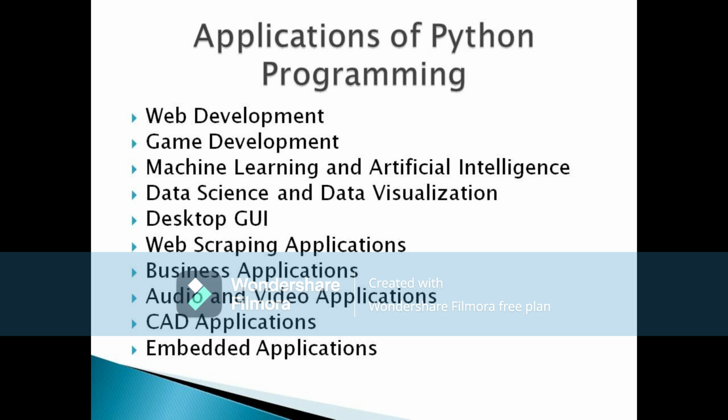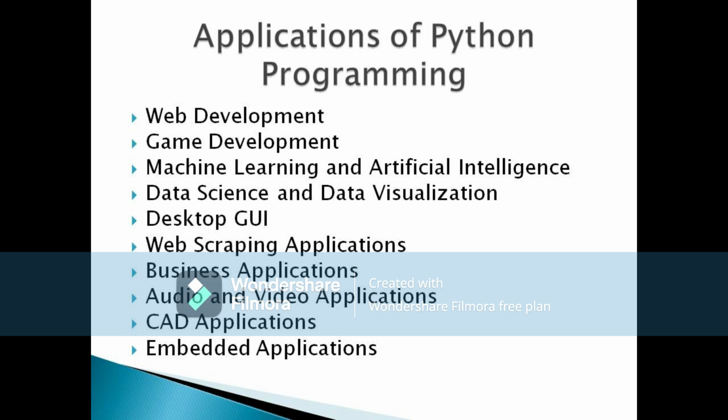Then we have audio and video applications. Python is used for the development of applications which can multitask and also output media. Suppose you have some video and audio applications: Cplay is there, Timplayer is there. They are developed using Python libraries. They have better stability and performance in comparison to other media players. Then we have computer aided designing, which could be a very challenging task, right?